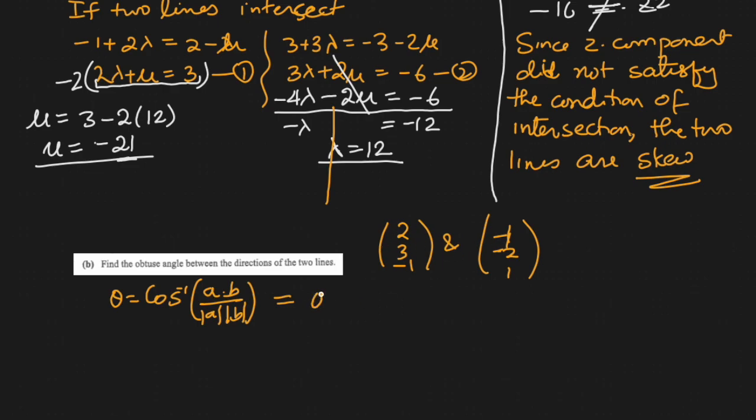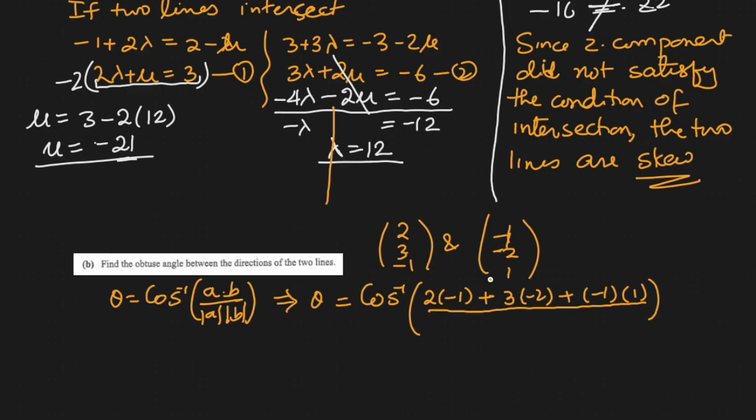So I will write theta equal to cos inverse, the dot product of these two vectors will be x1 times x2 and so on, which is 2 multiplied by minus 1, then 3 multiplied by minus 2, and then minus 1 multiplied by 1. This is A dot B. This is how we find the dot product of two vectors. Just multiply x components, y components, z components individually and add them.